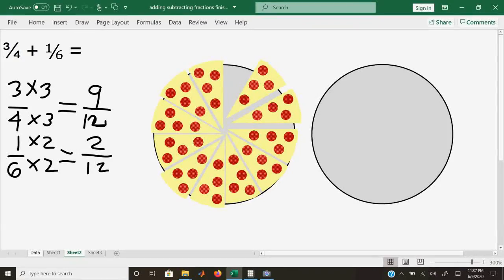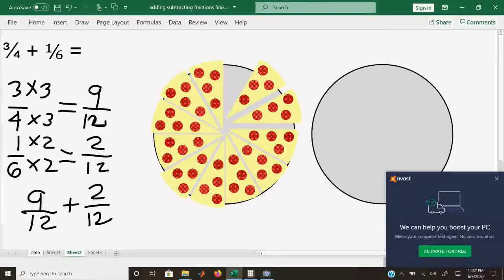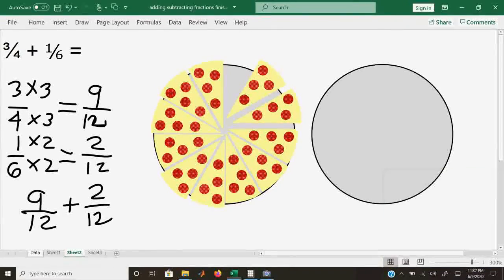And now I can add them without changing the denominator. If we look at our pizzas, we can see that that looks reasonable based on what we see. We're missing 1/12 when we add those together.